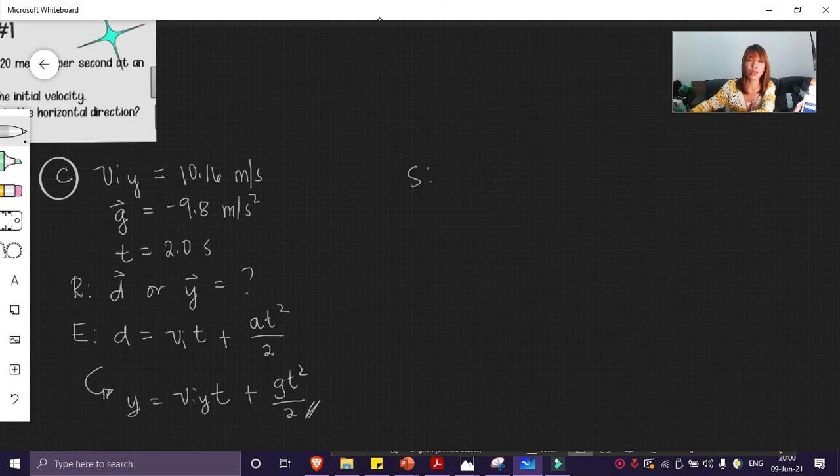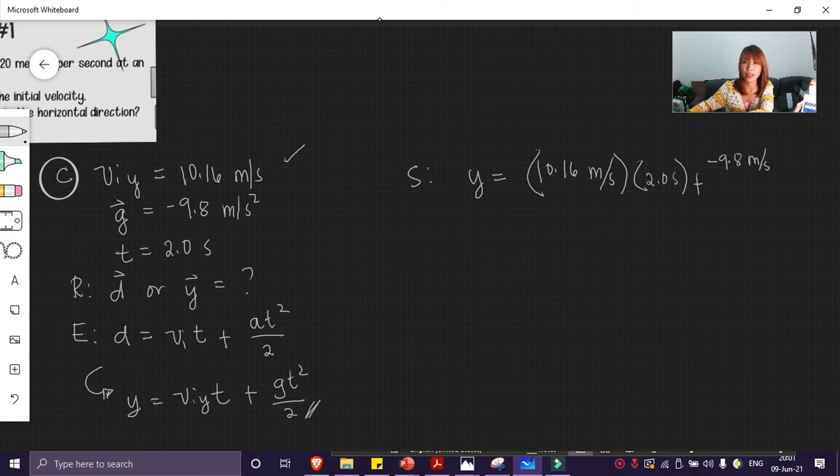For the solution, Y is equal to VIY natin is 10.16 meters per second times the time, which is 2.0 seconds, plus your G, which is negative 9.8 meters per second squared times the time, 2.0 seconds squared over 2. Simplify. 10.16 times 2.0 is 20.32.